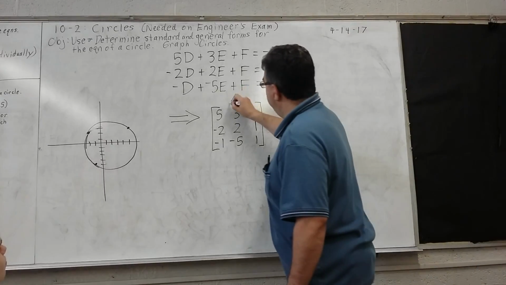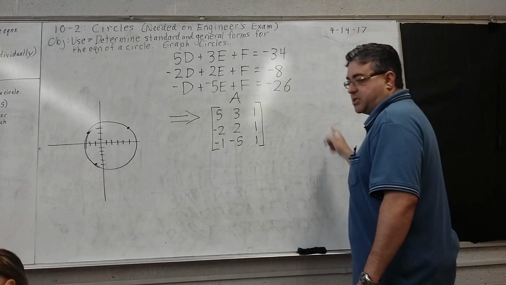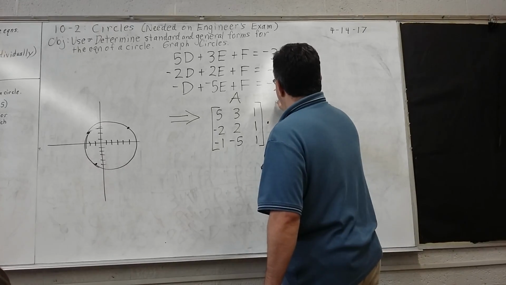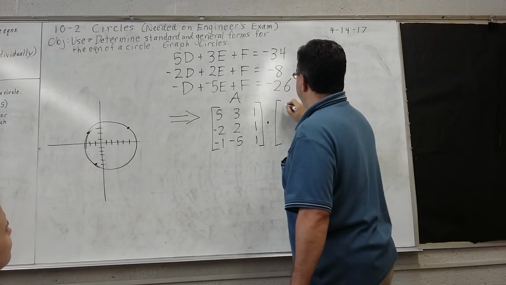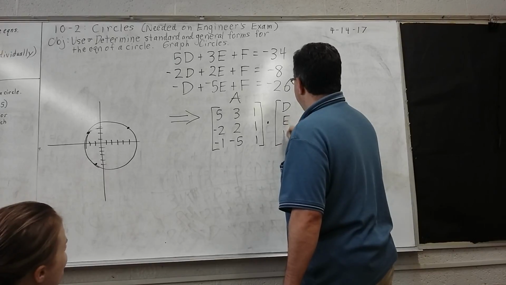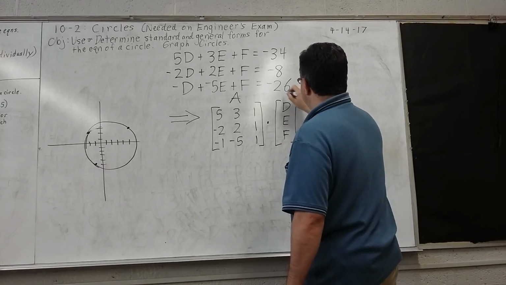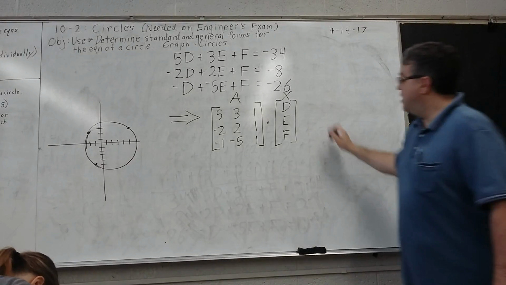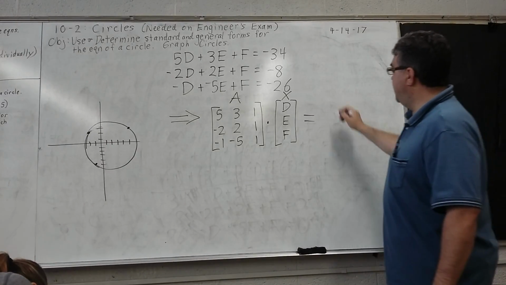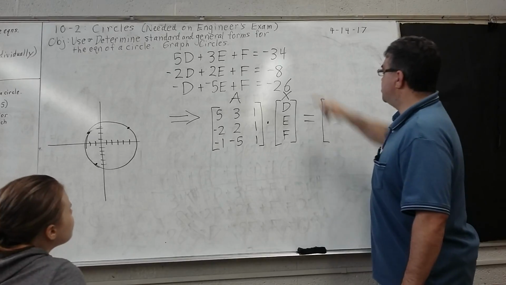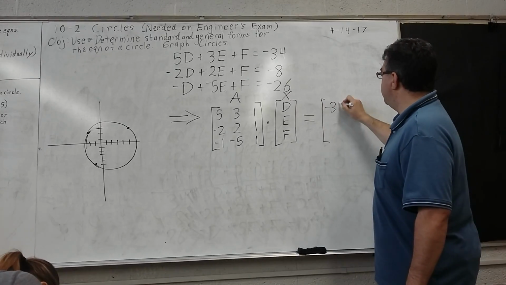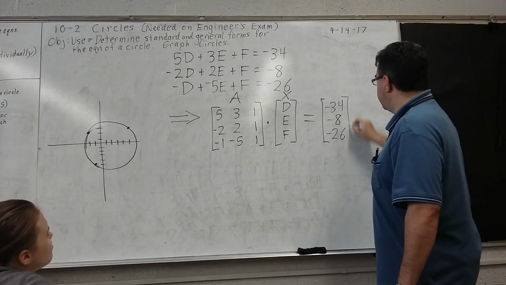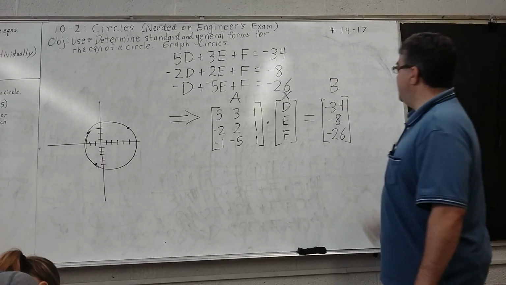Remember, there's always AX equals B. So times our matrix X, which will be just D, E, and F, the variables. That's always what the matrix X is. And it will equal matrix B, and matrix B is always our answers, negative 34, negative 8, negative 26.